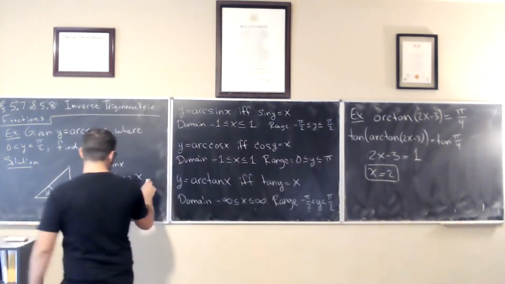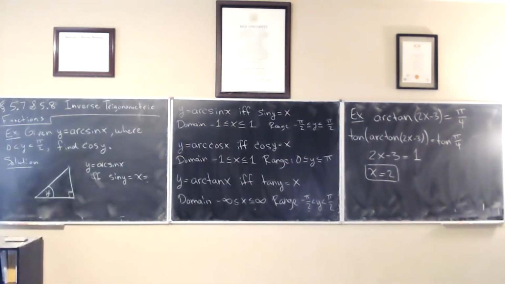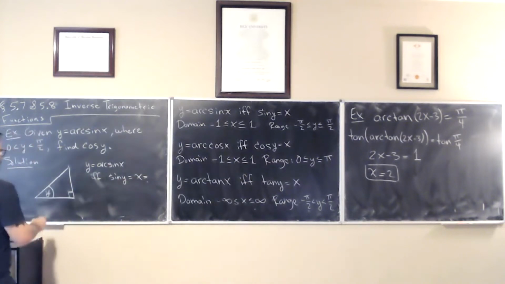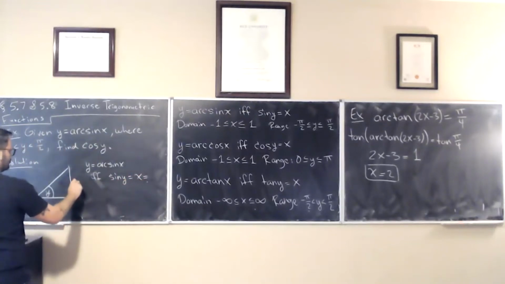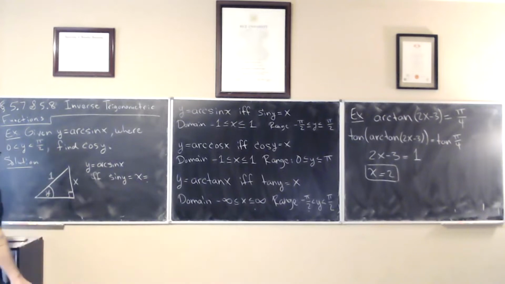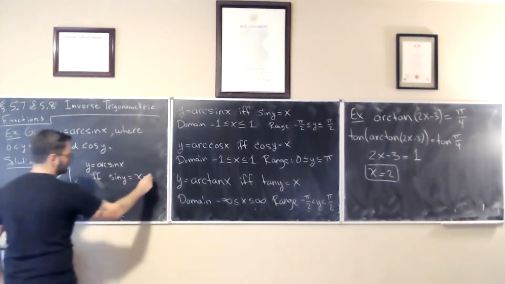But this is opposite over the hypotenuse, right? So opposite over the hypotenuse is x. So we know that sine of y is equal to x means x over 1, right?